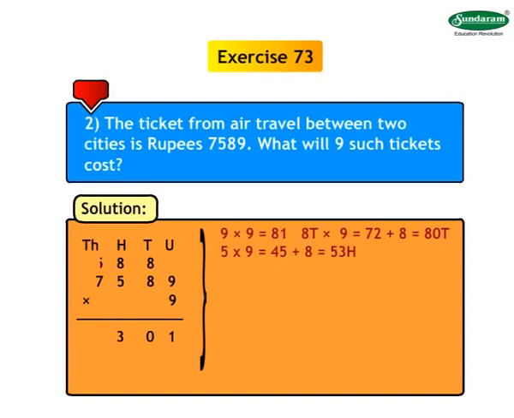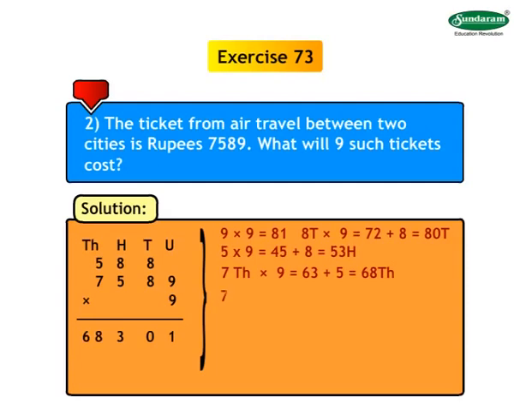Carry over 5 to thousands place. Finally, multiplying 7,000 into 9 plus carried over 5 is equal to 63 plus 5 is equal to 68,000. Write 68 to left of 3 in answer place.